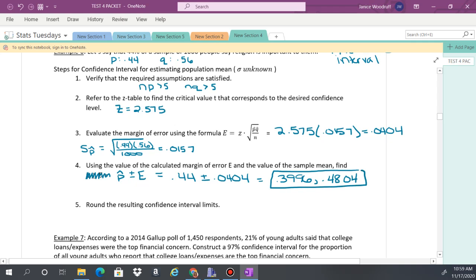So what am I actually doing here? Go back to the context of the problem. 44% of people in a sample of 1,000 said religion was important to them. So here, what you just did is you said, I am confident, because you use a confidence level. How confident are you? I'm 99% confident.